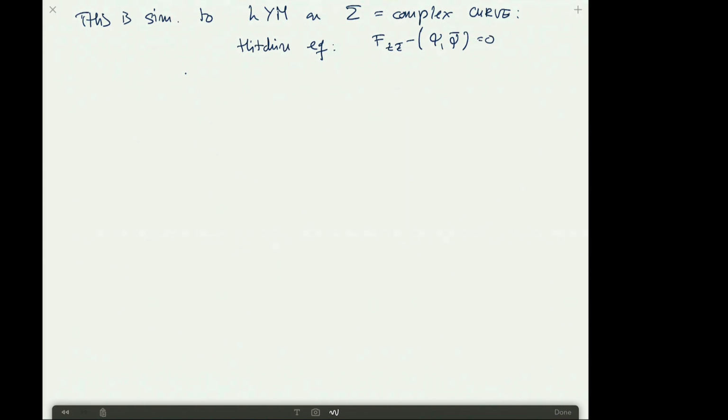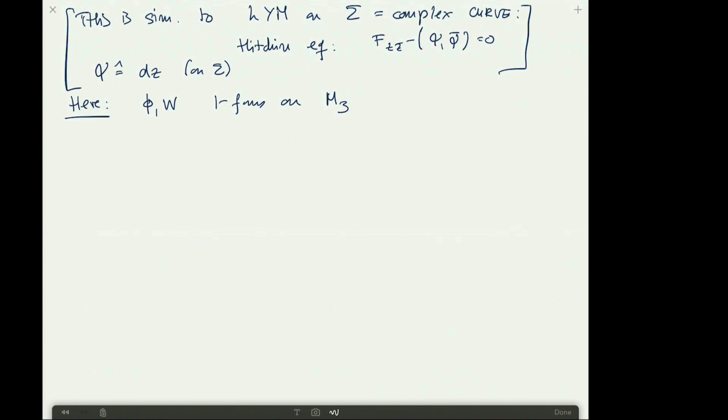In this curve case, phi was a holomorphic one-form, and here we get phi and also W as one-forms on M3. So this was on sigma, and now we're getting the system of one-forms and equations for them on M3.